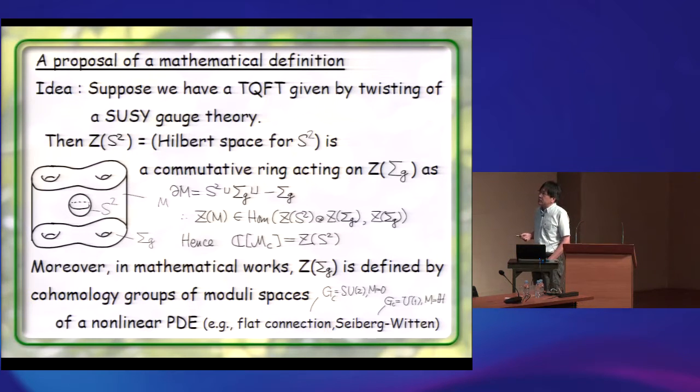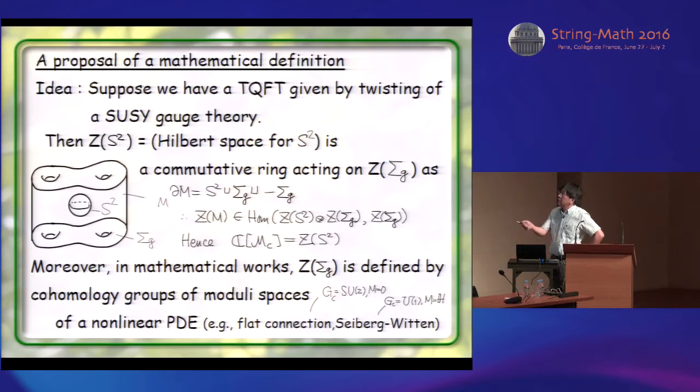I have Sigma_g at the bottom and Sigma_g on the top and S^2 in the middle, and this is a 3-manifold with three boundaries. Then this 3-manifold gives a vector in the Hilbert space for the boundary. In this case we have three boundaries, so this is a tensor, where one has the opposite orientation.